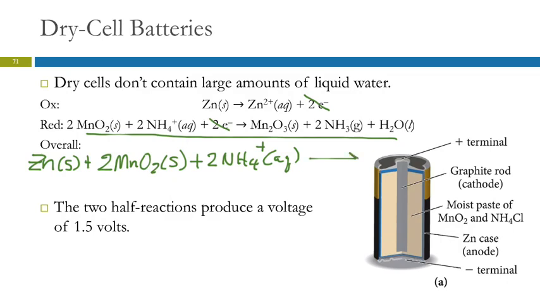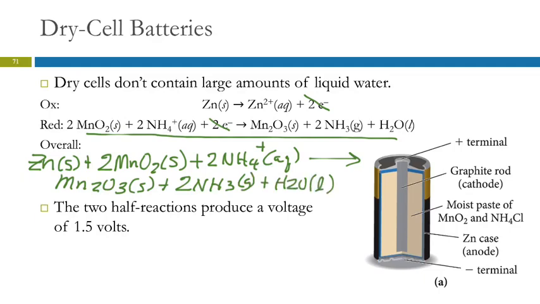And those react to form, this is what you do when your long equation doesn't fit on the line, Mn2O3 solid plus ammonia gas and water. So the combination of these two half reactions produces a voltage of about 1.5 volts. Any questions?